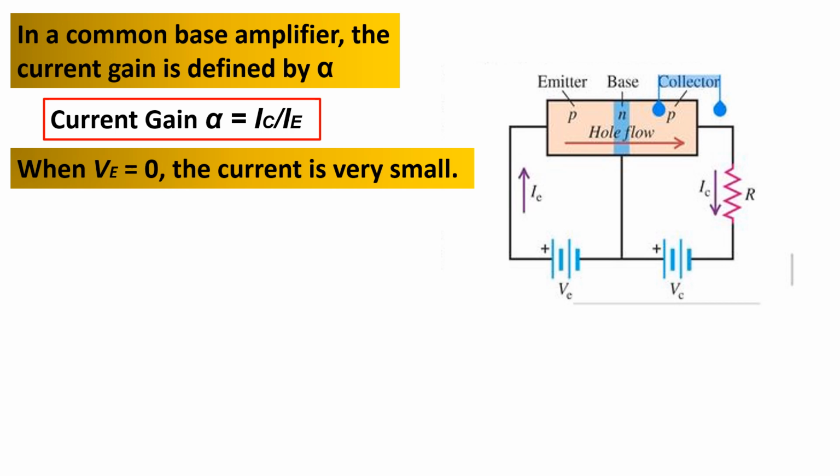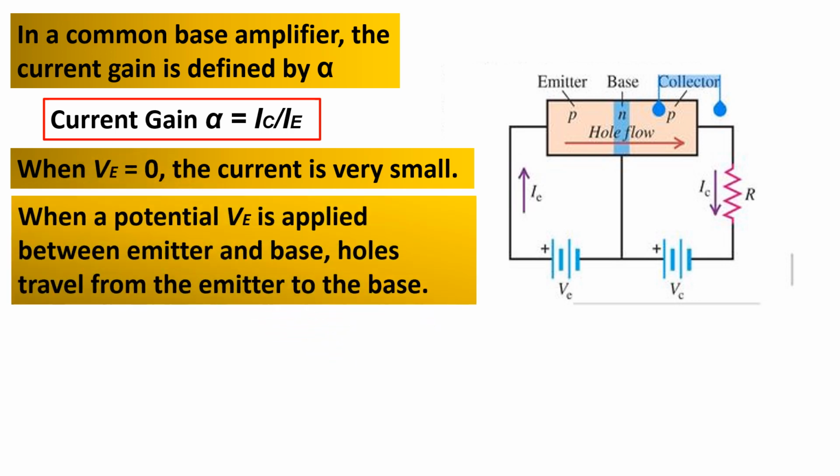There may be, but it's very small. When the potential, voltage V, is applied between the emitter and the base, the holes now will travel from the emitter to the base.